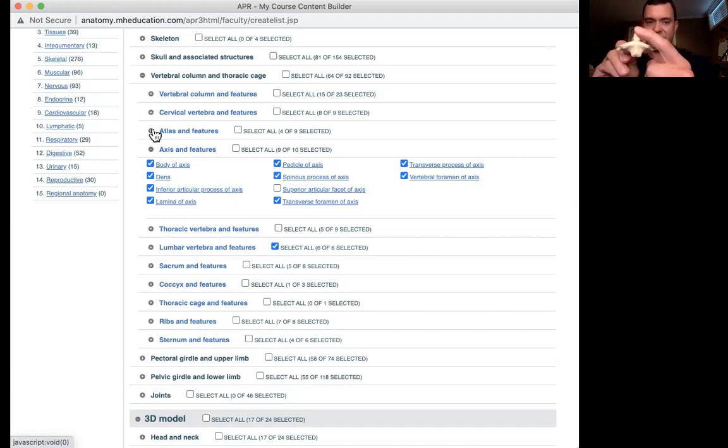That's the dens. Again, it has a pedicle. It has a lamina. It has a small little spinous process right there. C1 did not have a spinous process. If C1 had a spinous process, you couldn't extend your head back. Then there's the transverse foramen and the vertebral foramen that my finger's coming at you through.